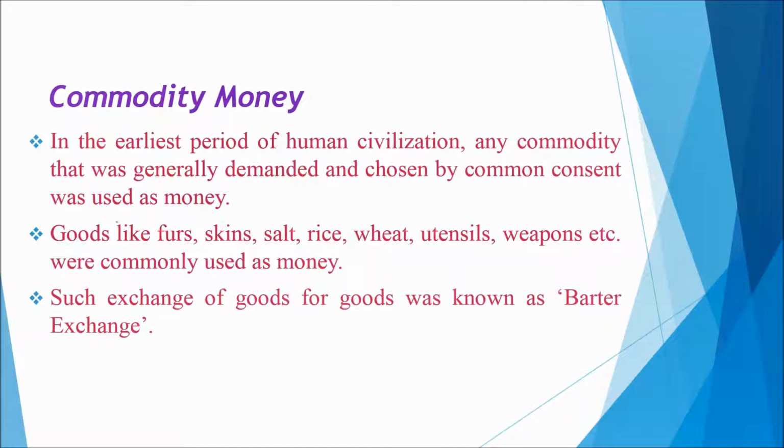So, in the earliest period of human evolution, any commodity that was generally demanded and chosen by common consent was used as money. In ancient times, they used the commodity or the products as the value of exchange, that is barter system, which means exchange of goods for goods.